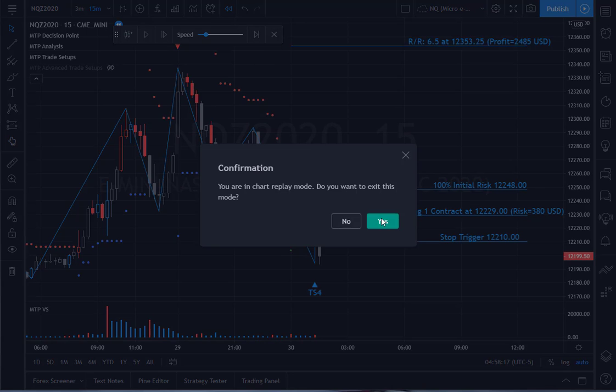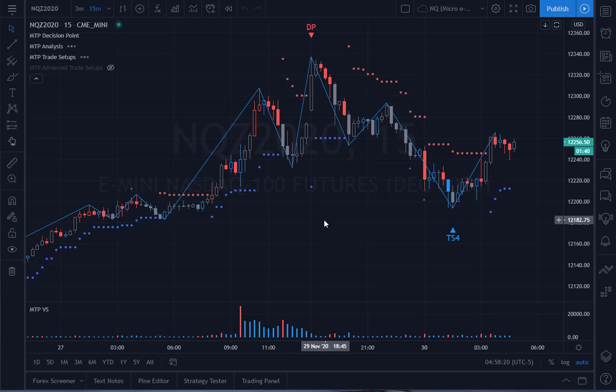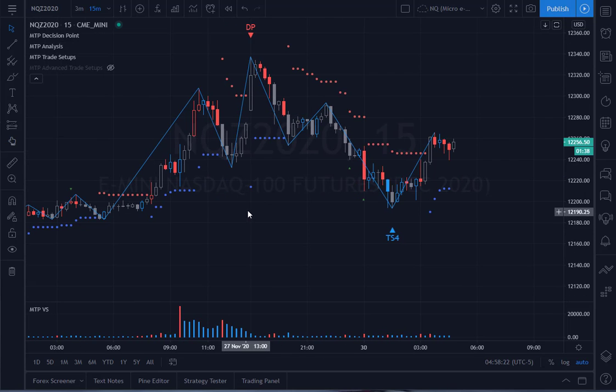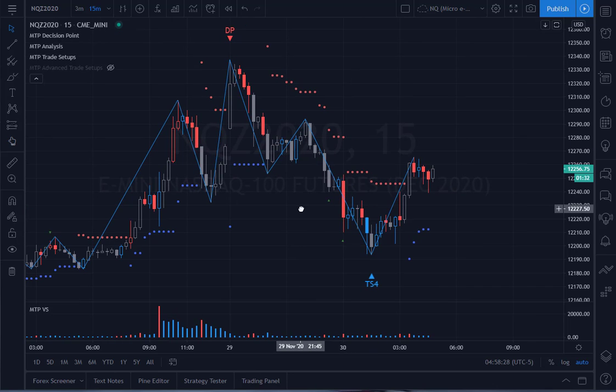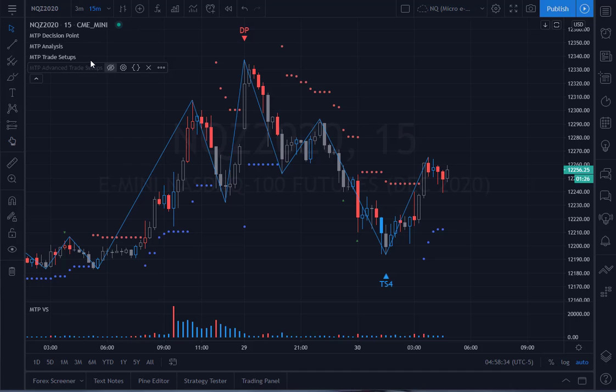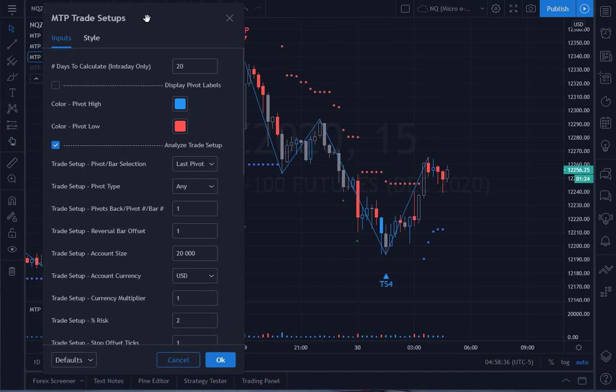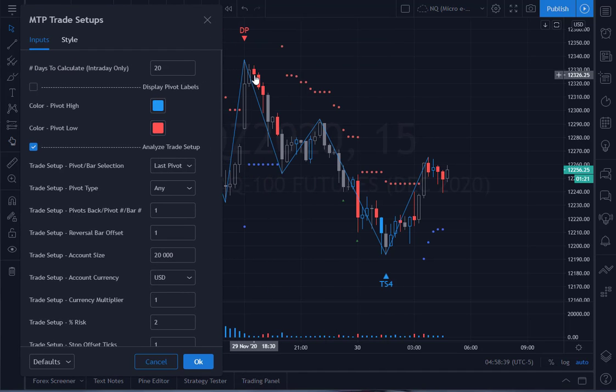So I'm just going to turn training mode off and go back to real time. And there you can see it as well. And just remember that it's not about the number of trade setups, it's about your position sizing. In other words, these two losses here would have been a -1 and a -1 loss. But if we go back and place our analysis on that DP at the top there, so how many pivots back is that? 0, 1, 2, 3, 4.